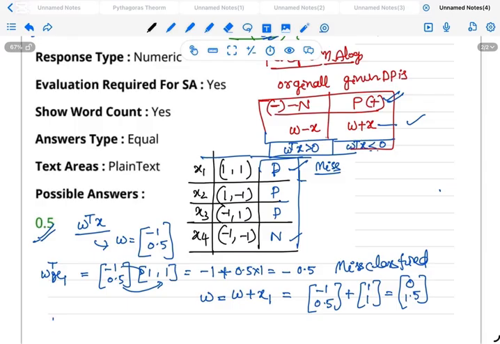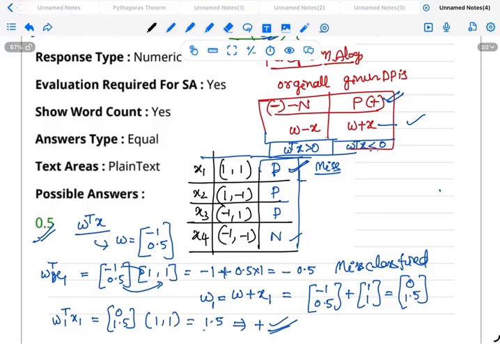So again we find W transpose X1 with this new W: (0, 1.5) times (1, 1) equals 1.5. Originally it was classified as positive, and we get positive.